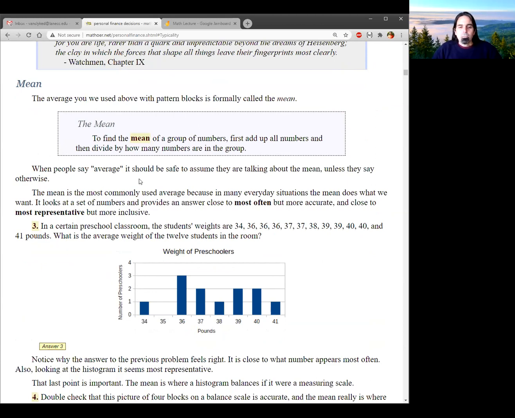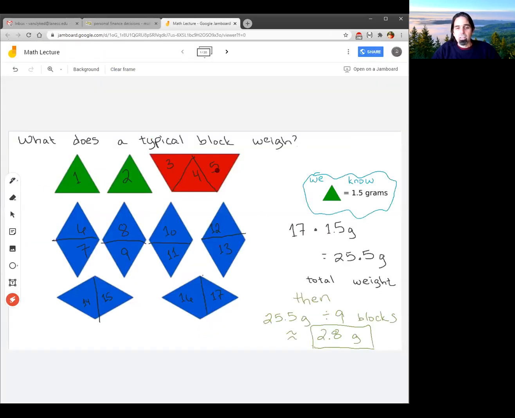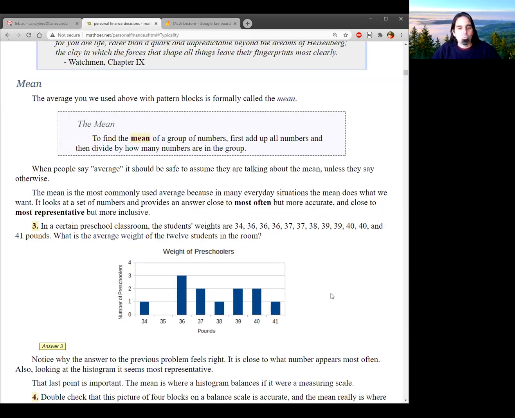It looks at a set of numbers and provides an answer close to what happens most often in the numbers. And it's close to the most representative thing, but it's trying to be more inclusive. It includes all of the objects at least a little bit, even if they don't seem to be happening as much as the more popular or more common things.